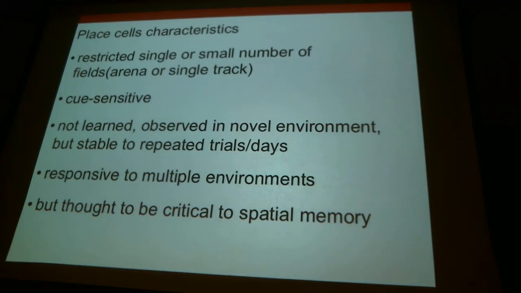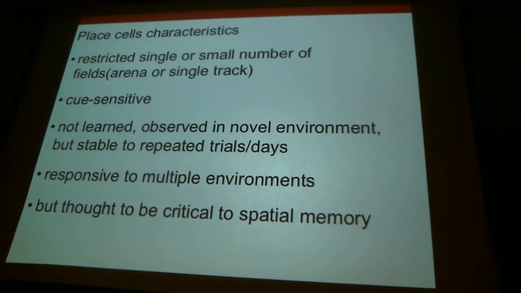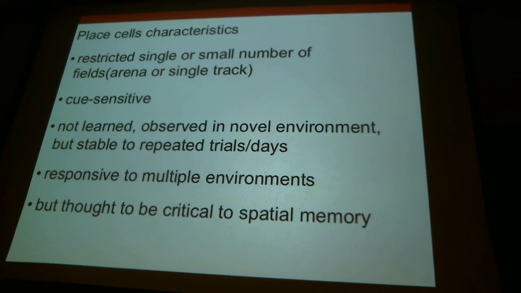On the other hand, if you put the animal back into the same context day after day, and assuming you have a truly stable recording, it looks like these responses are pretty stable from day to day. So they're both flexible and stable and responsive to multiple environments. And so they're thought to be really critical for spatial memory.